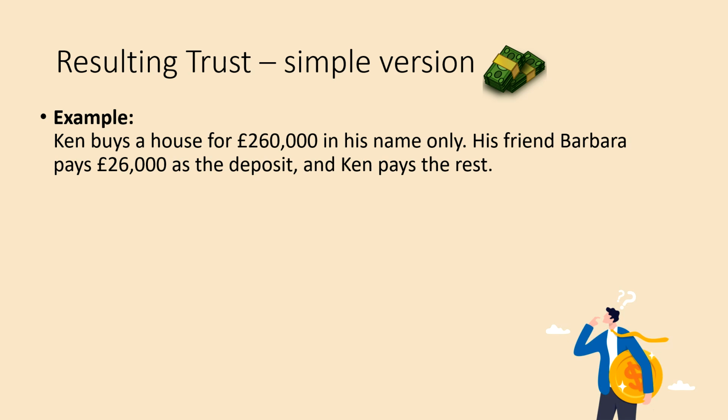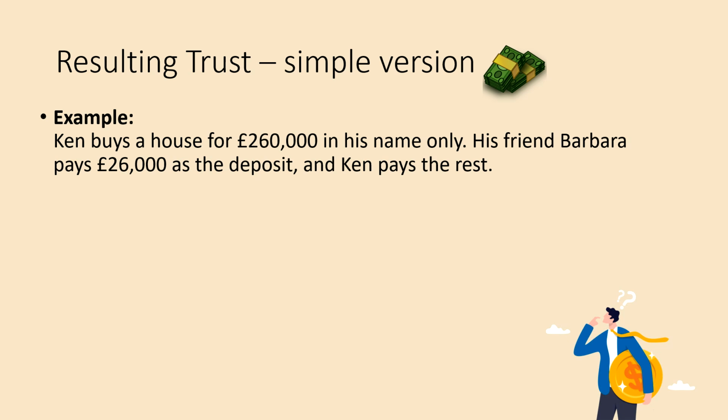He didn't have all the amount for the deposit. So his friend Barbara, a really generous person apparently, said, well, that's all right, I'll help you with the deposit and I'll give you £26,000, so you can actually buy that house.